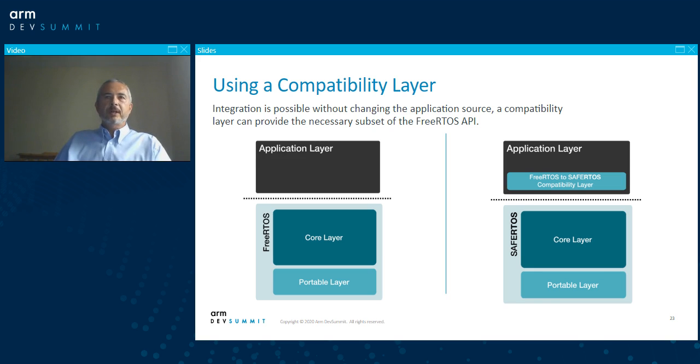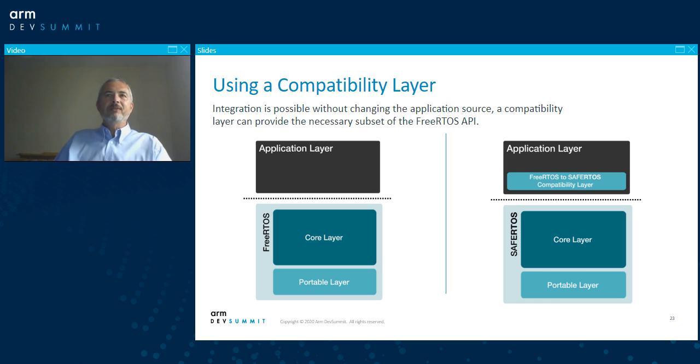Another thing to consider is existing library code. We've heard Richard talk a lot about the AWS TCP/IP stack, and at least when I last used it, it did natively use and rely on FreeRTOS primitives. And while, of course, it is possible to convert library code so that it uses the SAFERTOS API and maintain that branch, it's not ideal.